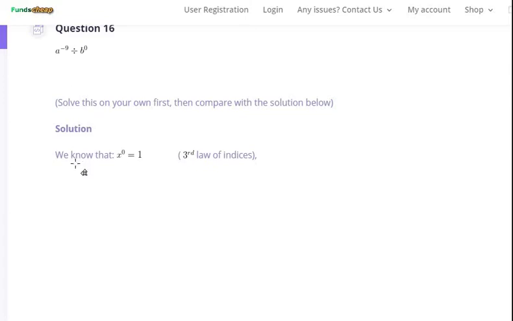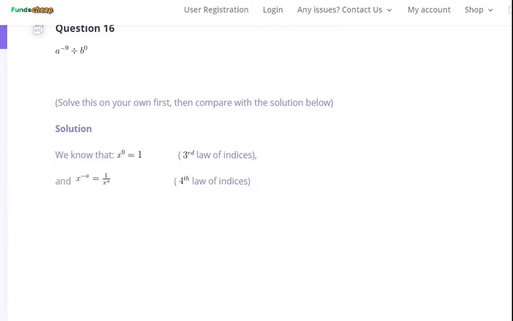So the laws of indices. Anything raised to power 0, so far as it is not 0 itself, is 1. So x raised to power 0 is equal to 1. That is the third law of indices. There are two different problems here, so we're going to use two different laws of indices.